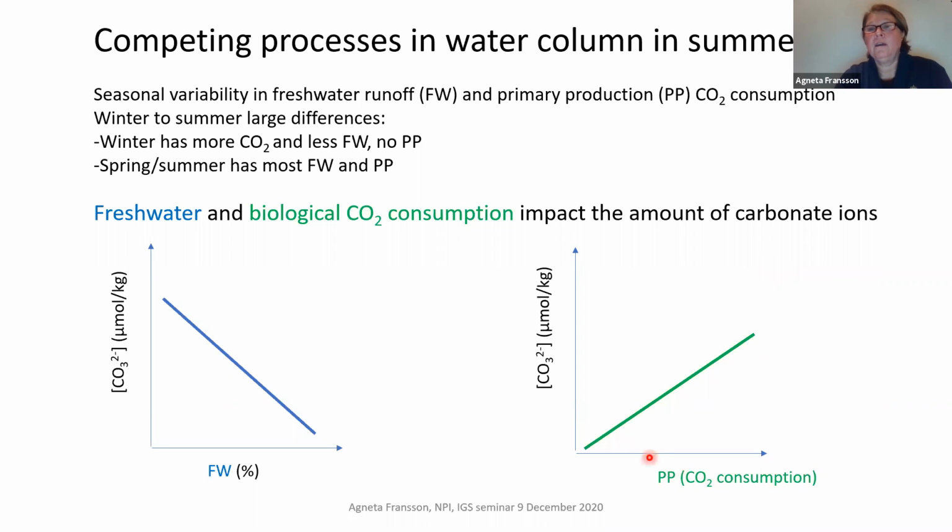And when you have primary production, you consume CO2, and that leads to increasing carbonate ions. So these are competing and have contrasting effects, and are very important in spring and summer. Winter is not so pronounced, but it's usually more CO2 and less fresh water and no primary production.